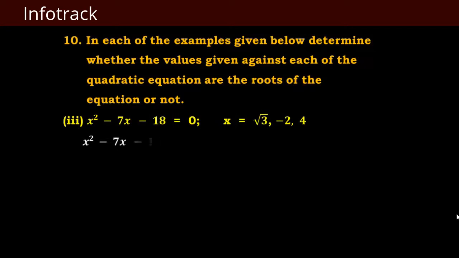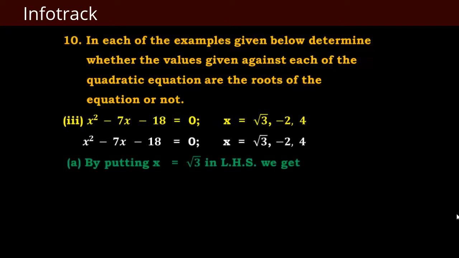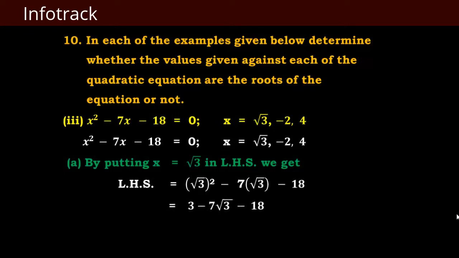So by putting x equals root 3 in LHS we get root 3 whole square minus 7 into root 3 minus 18. Root 3 square is 3, minus 7 root 3 minus 18. Now see, 3 minus 18 will become minus 15. Minus 15 minus 7 root 3.